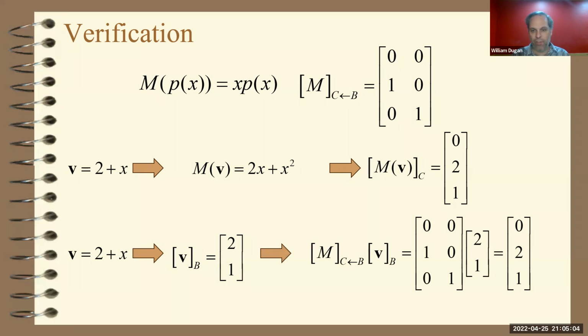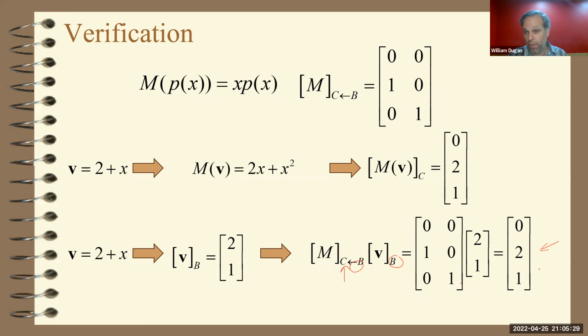If you look at the notation, it's very, very suggestive about what we're trying to get in the end. So this takes B and it converts it into C. So this has to be something relative to C. And it's the image of v, M of v, relative to C. So you can see you get the exact same answer.